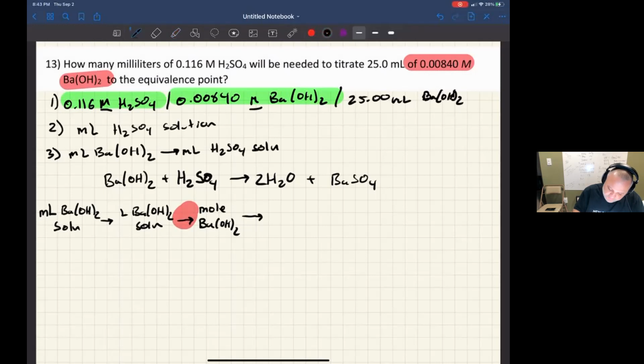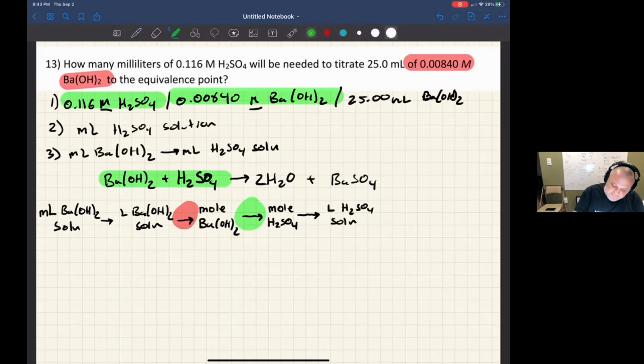Once I have moles of barium hydroxide, I can use the balanced chemical equation to convert to moles of H2SO4. Now, I use the relationship in the balanced chemical equation for that per expression there. Once I have moles of H2SO4, I can convert to liters of H2SO4 solution.